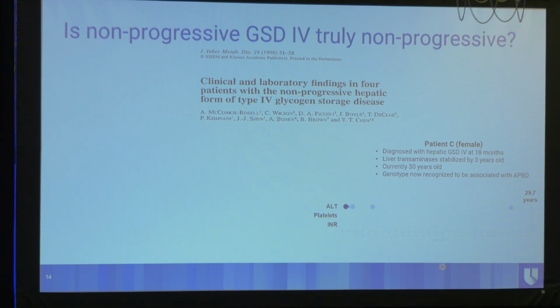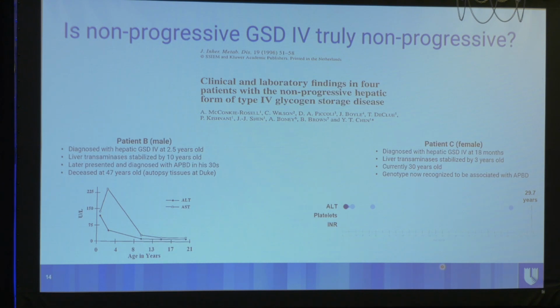This patient is now 30 years old, and now we're recognizing that this patient could have features of adult polyglucosan body disease, the other end of the spectrum, with neurogenic bladder and difficulties with gait and other issues going on. Another patient that we followed was again diagnosed with the hepatic non-progressive type. The liver enzymes stabilized by 10 years, so hepatologists said no need for a liver transplant.